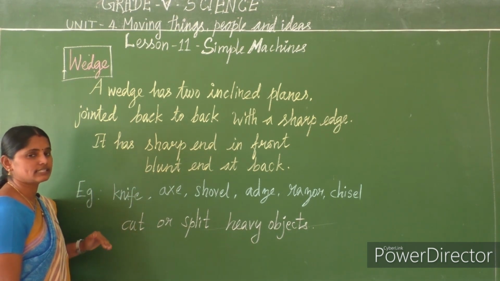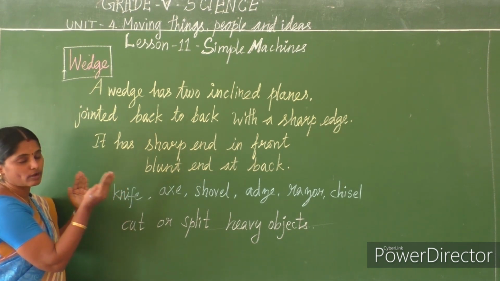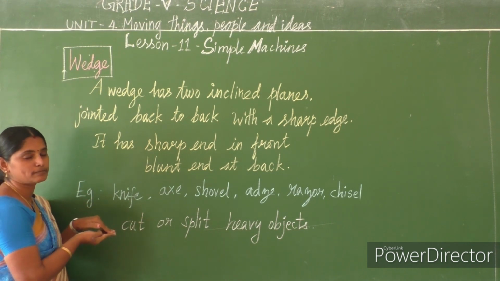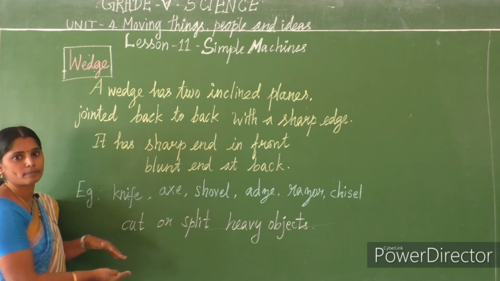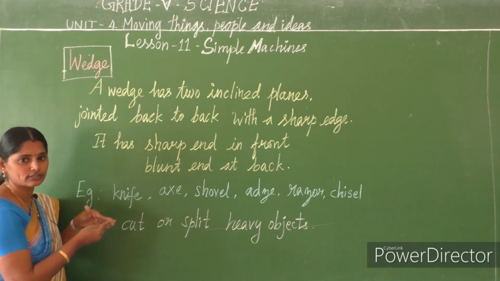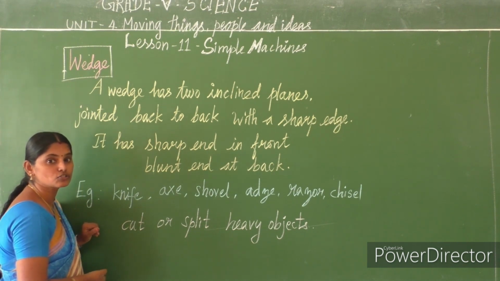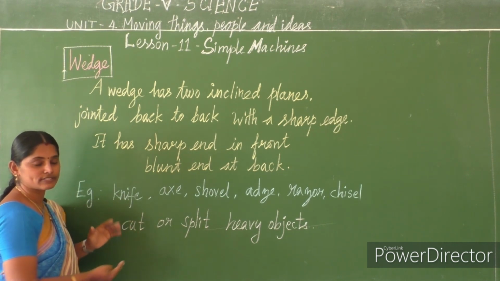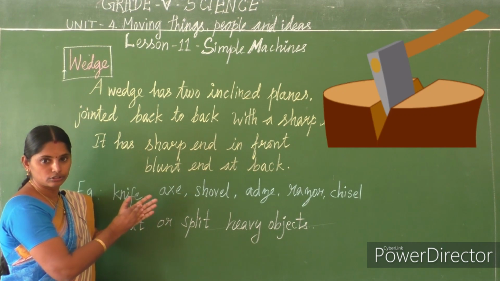Where can we see such a setup? Why do we have to arrange two inclined planes back to back to have a sharp end? What is the use of the sharp end? Where are we using the sharp ends? Yes, we use the sharp ends to cut or split. Have you ever seen a woodcutter who is cutting the heavy wood?